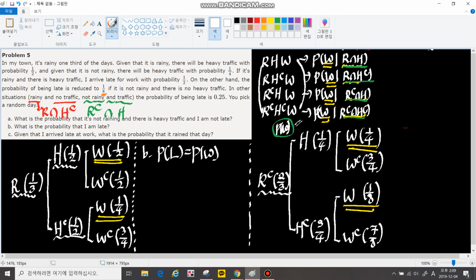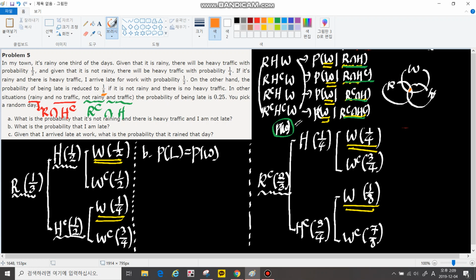But let me explain this with a Venn diagram. So we have W, and then we have R, and then we have H. The first thing is we are talking about this case. R intersection H is over here.